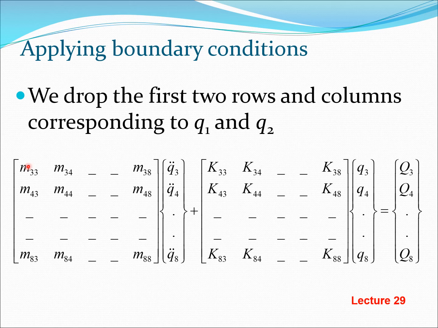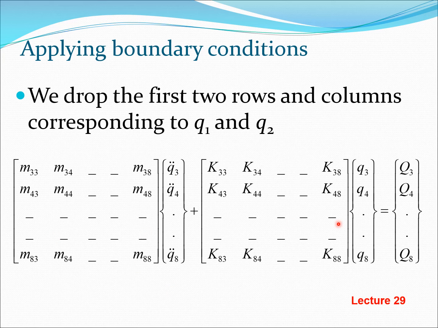So here you see that I have written down the truncated mass and stiffness matrix and force vector. All these are global quantities. And I have simply dropped the first row and column corresponding to Q1 and Q2. And this has given me these nice matrices starting from 3, 3 here and Q3 here. And the degrees of freedom Q1 and Q2 have been dropped.